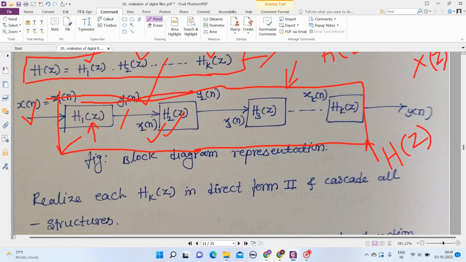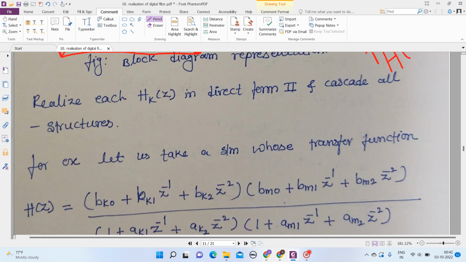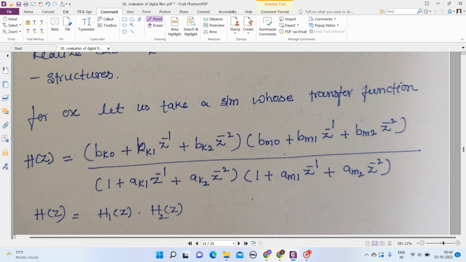Then we will discuss the general transfer function of cascade form, and how to realize the cascade form structure. Let us consider the transfer function H(z), with a numerator equation and a denominator equation, which are second degree polynomials, you know very well.